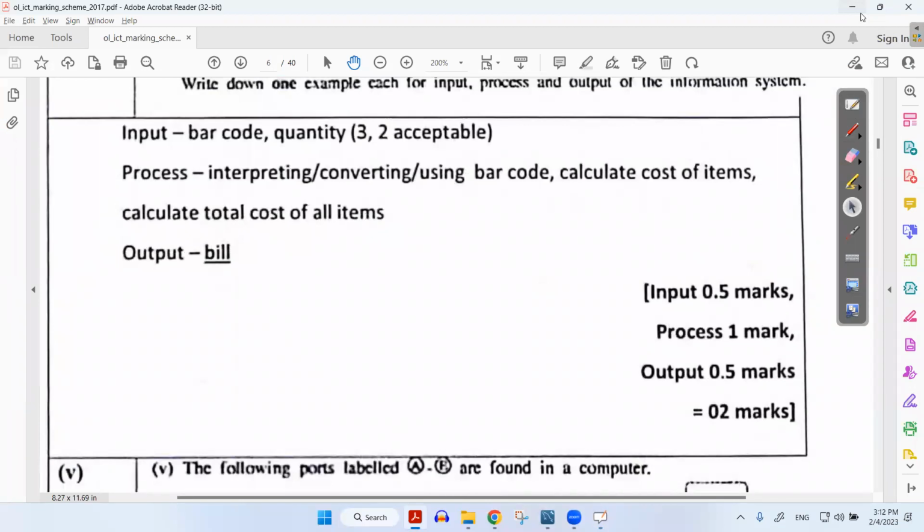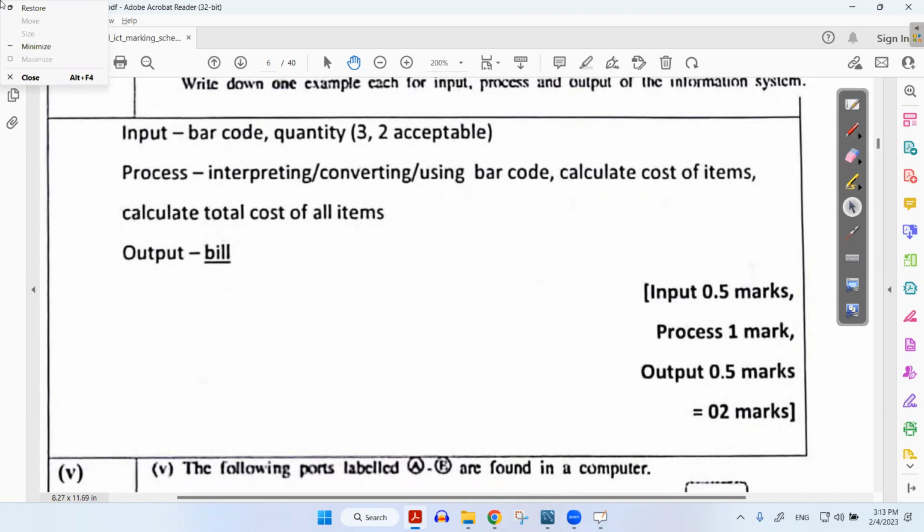And the process is like interpreting or using a barcode, or reading or scanning the barcode, not the scanning. The process is like use of barcode. But the best way is interpreting the barcode, calculate cost of items, and calculate total cost of all items, and the output is going to be bill.